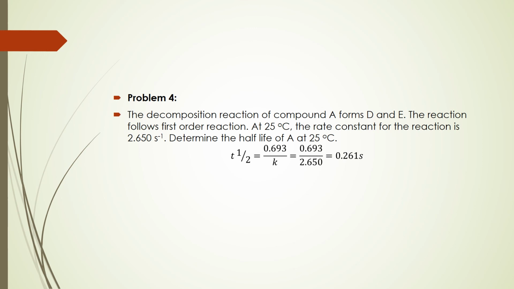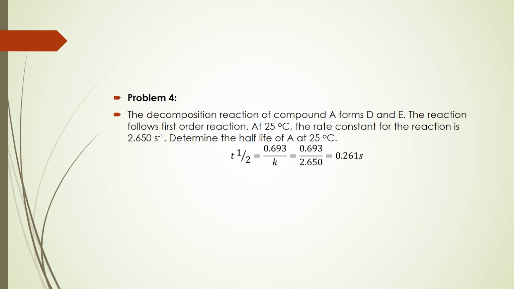That is the clue: decomposition and also first order reaction. So we know exactly which equation we're going to use. At 25 degrees C, the rate constant for the reaction is 2.650 per second. The rate constant, or k, is 2.650. Determine the half-life of A at 25 degrees C.